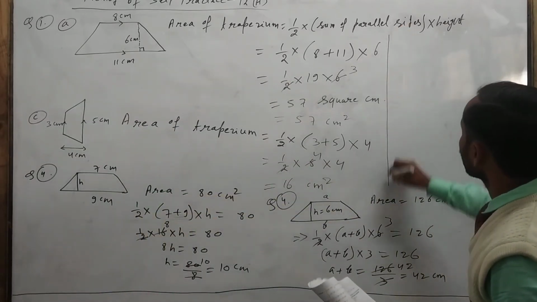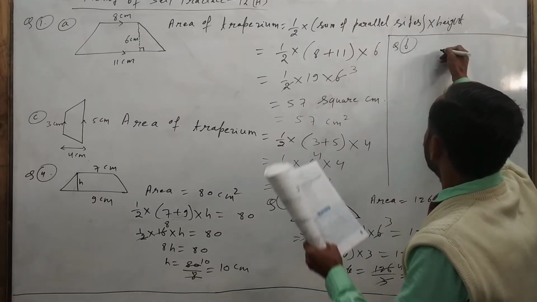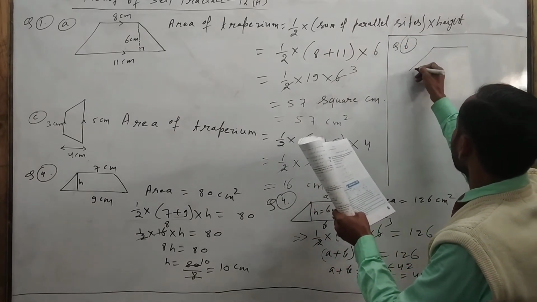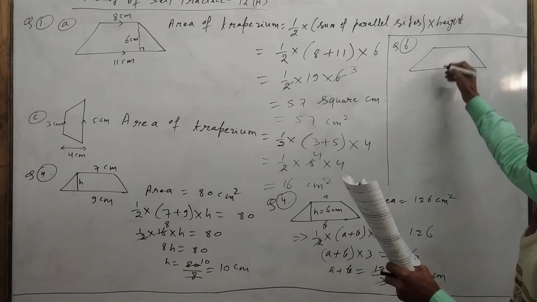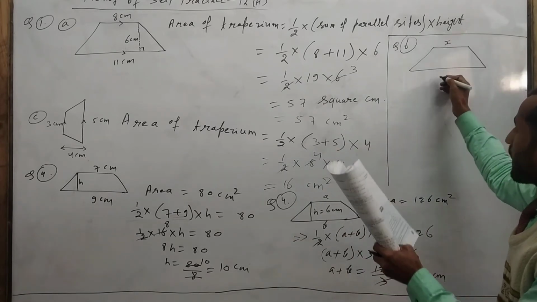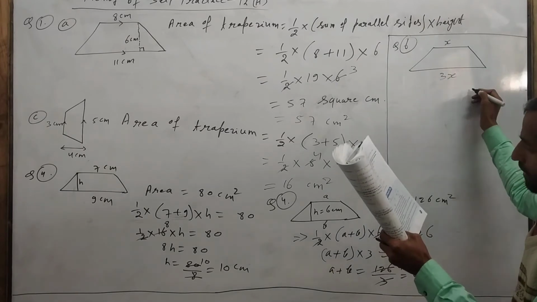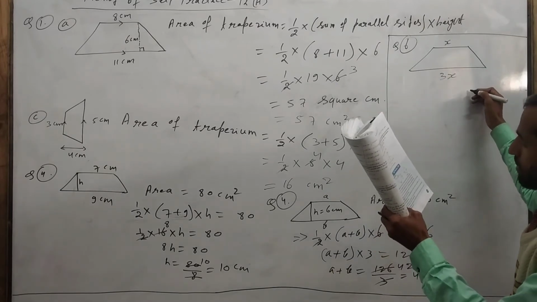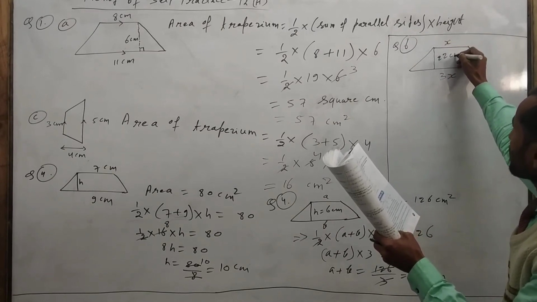Here the trapezium is given, and one parallel side we will suppose is x. The second parallel side is thrice the other, meaning 3x. And the altitude, meaning height, is given as 22 centimeter.